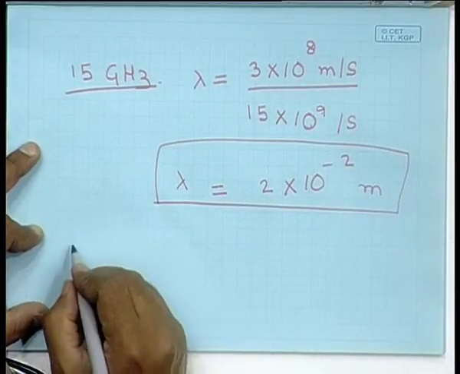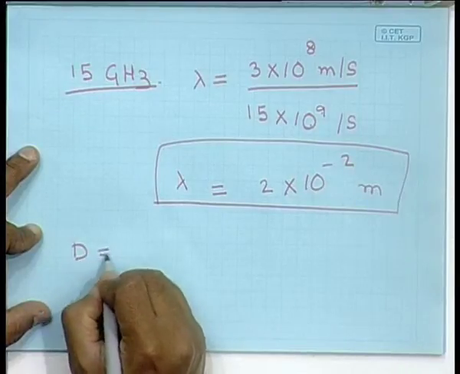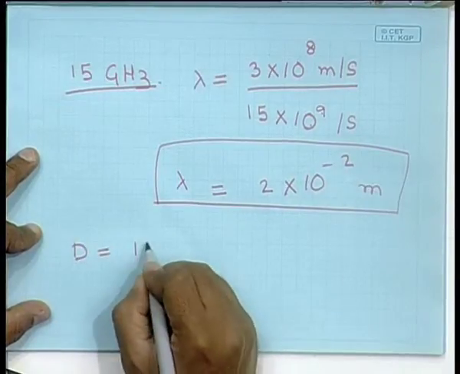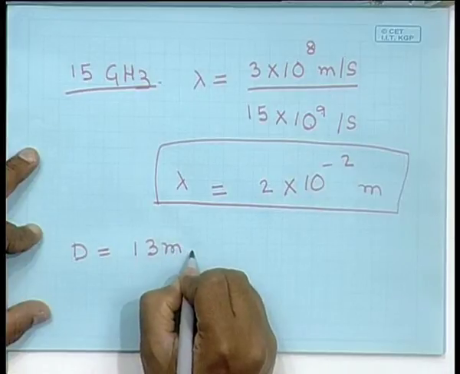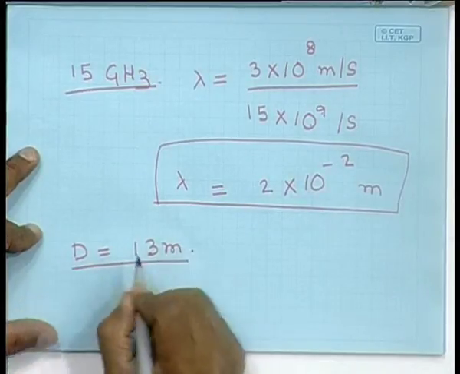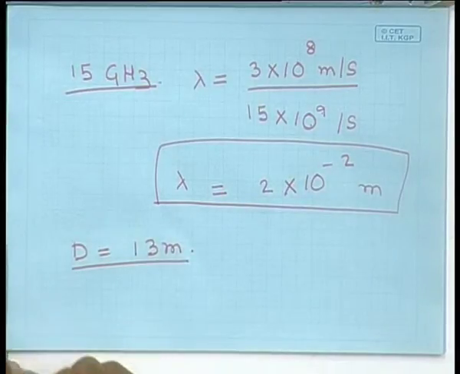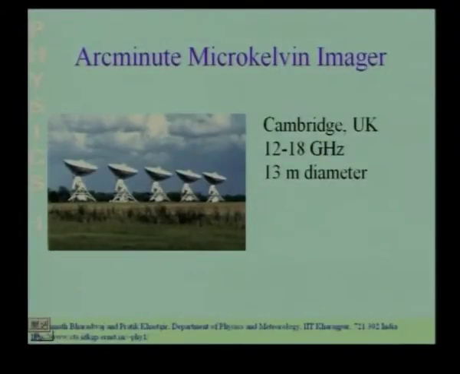And in this particular situation, we have antennas of diameter d, which is 13 meters, and we have studied a few lectures ago that because of diffraction, the diffraction is going to set the angular resolution of these antennas.